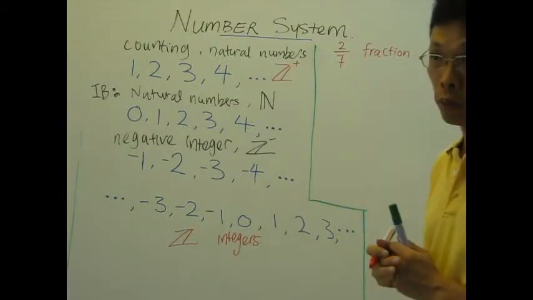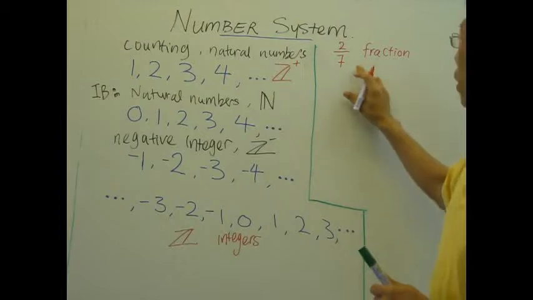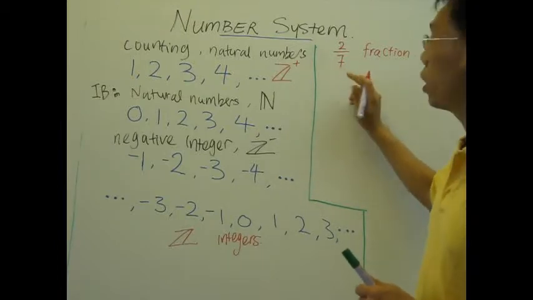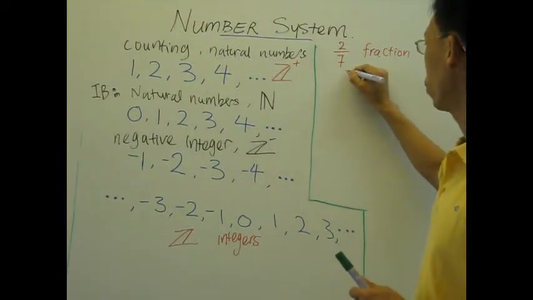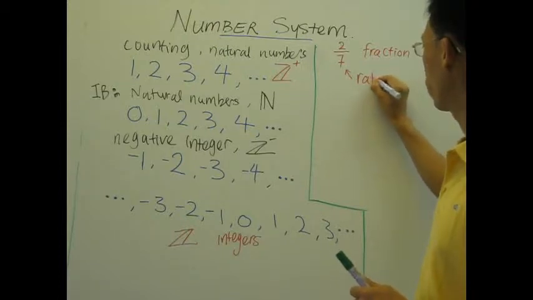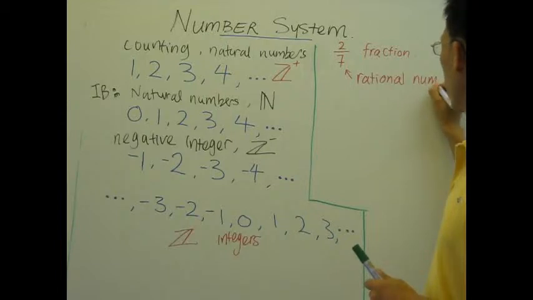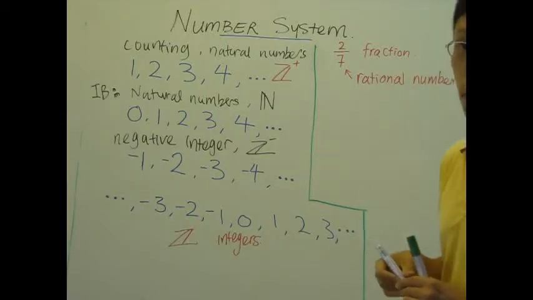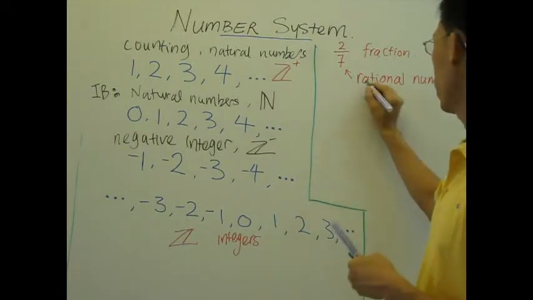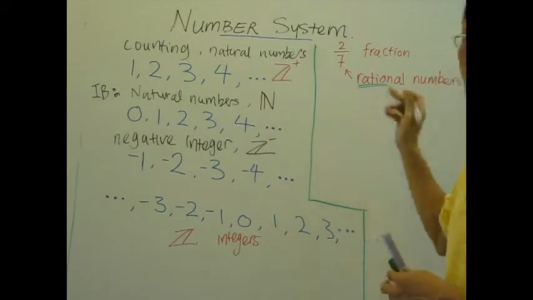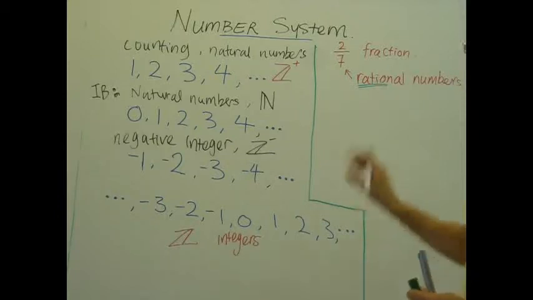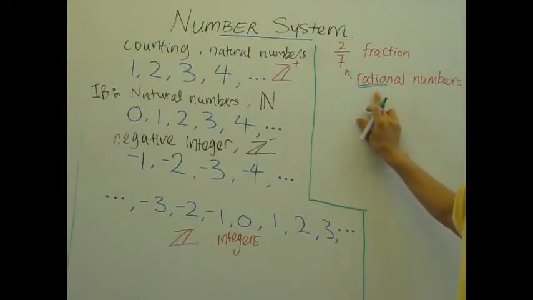Basically, this type of numbers, fractions here, are called rational numbers. Here, the rationals come from being a ratio. It doesn't mean that these are more sensible than others. It means just that these are a ratio.